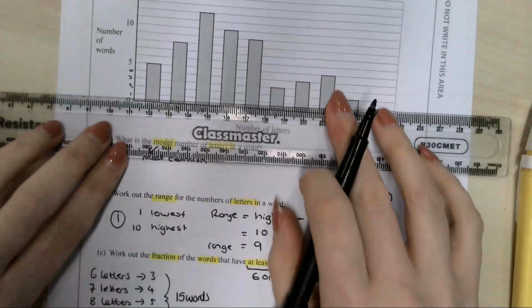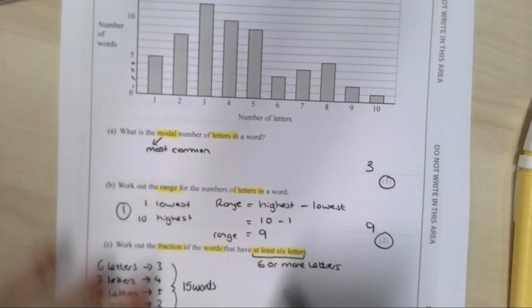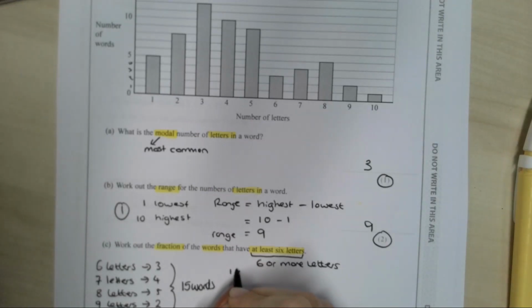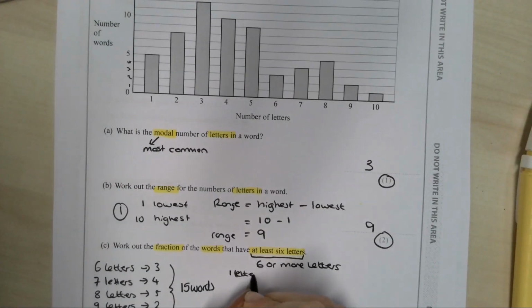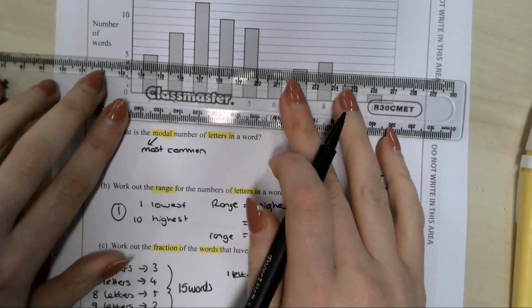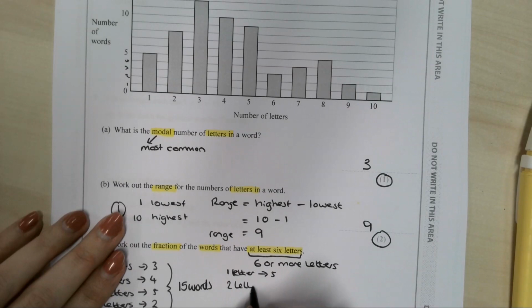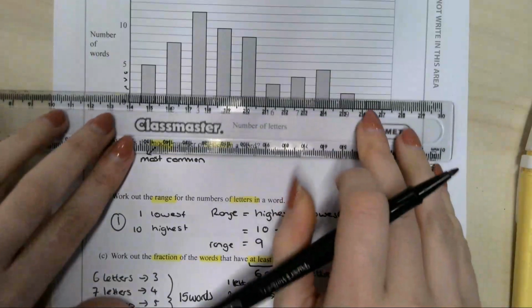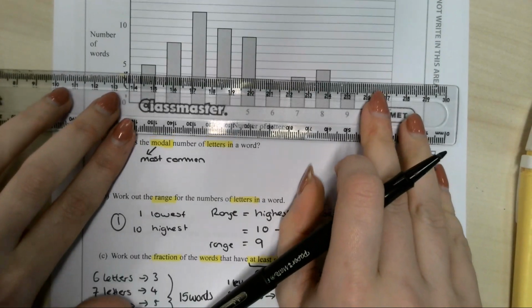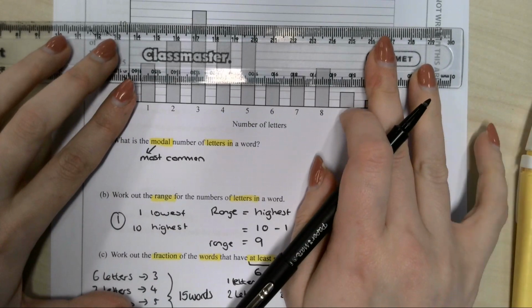Okay, so 1 letter is 1, 2, 3, 4, 5. So 1 letter is in 5 words. 1, 2, 3, 4, 5, 6, 7, 8. Okay, 8 words have 2 letters. 3, 1, 2, 3, 4, 5, 6, 7, 8, 9, 10, 11, 12.